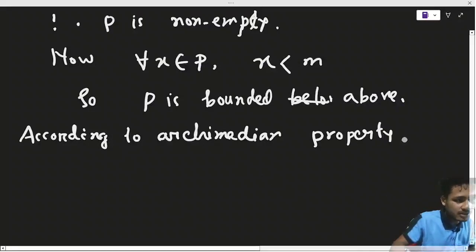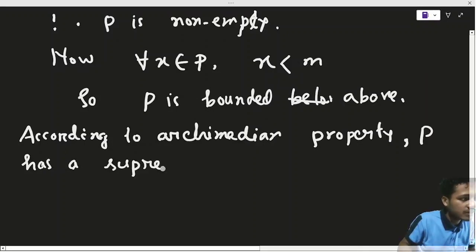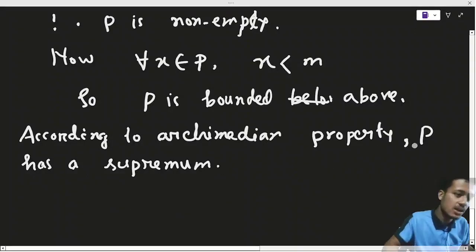According to Archimedean property, P has a supremum. Okay, ये तो है ही. P का एक supremum होगा.